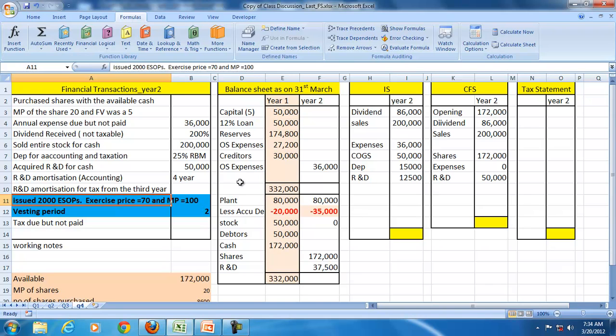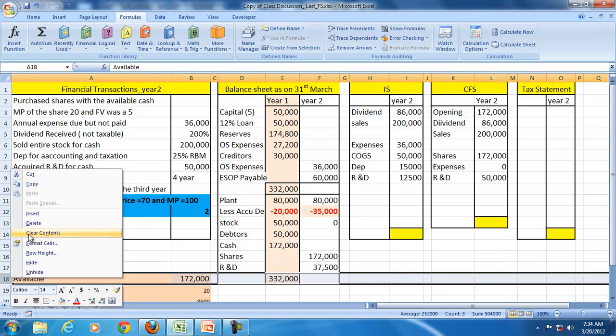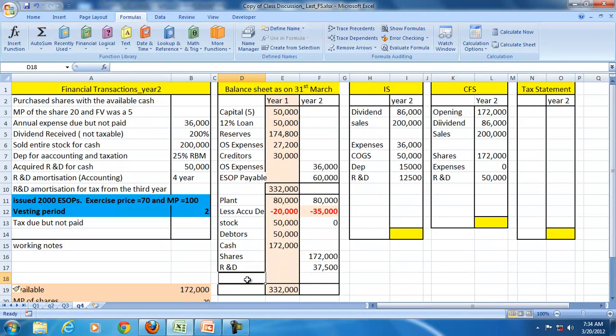So let us put that on the balance sheet. ESOP payable is 60,000, and on the asset side too we show the deferred employee cost, 60,000.